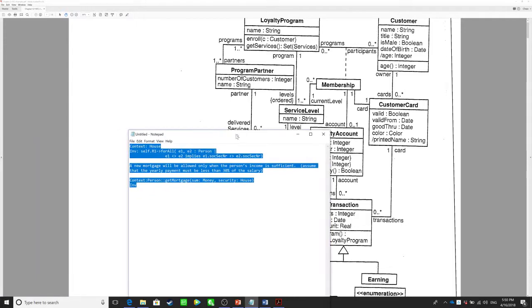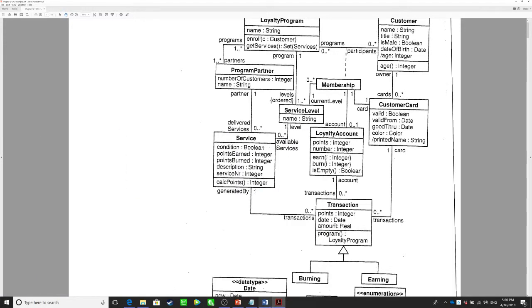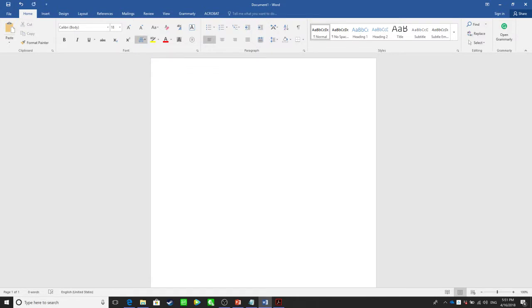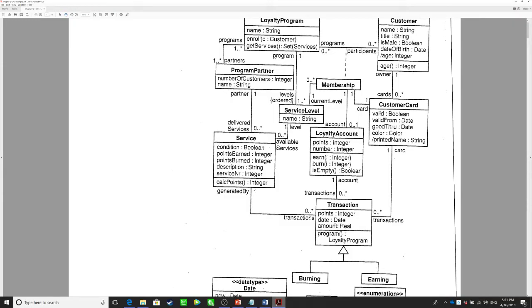For instance, if we want to say a loyalty account will always be initialized with 0 points, and the customer card will always be valid at the moment it is issued.